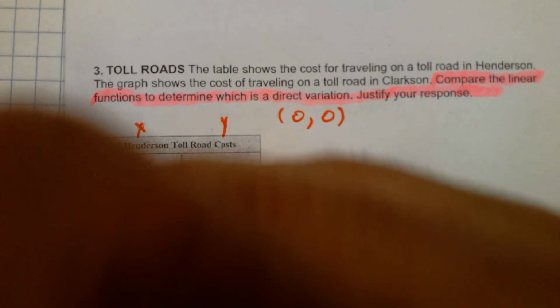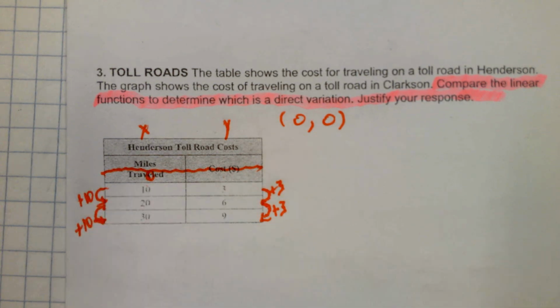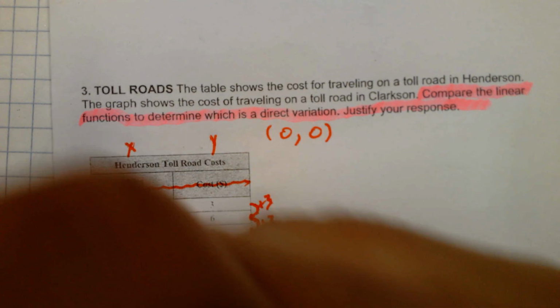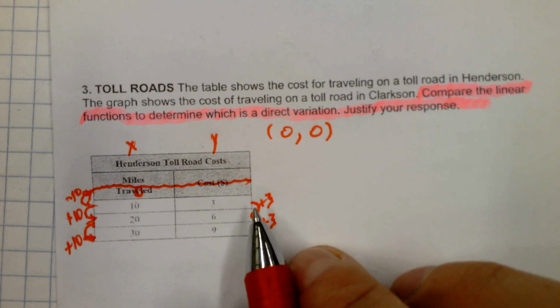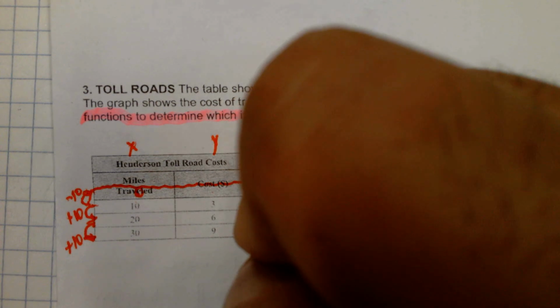What if we wanted to go backwards to 0? I'm at 10. How much do I need to move back? Minus 10. That gets me to 0. Well, if I went backwards 10, how much do I have to take away from 3?